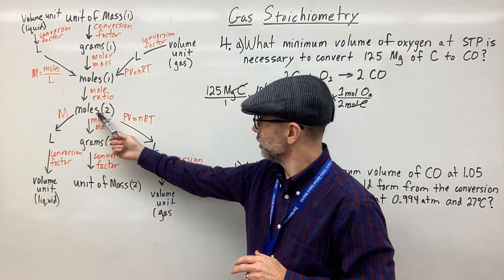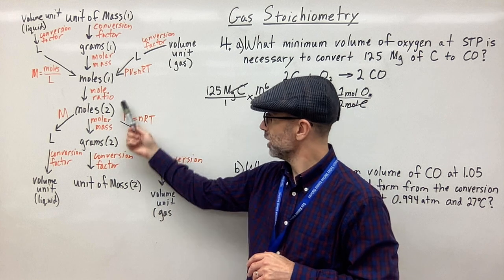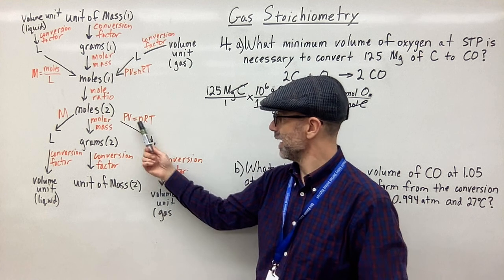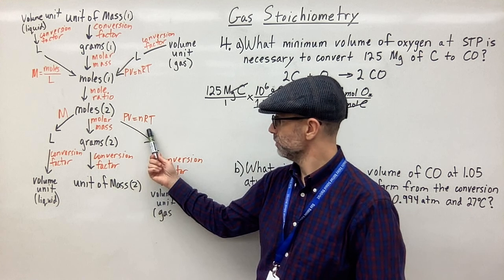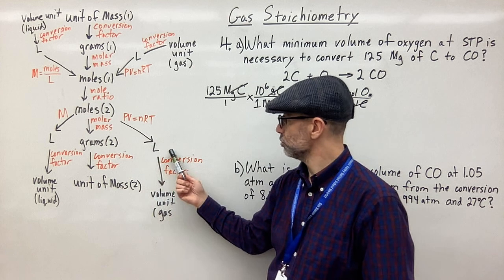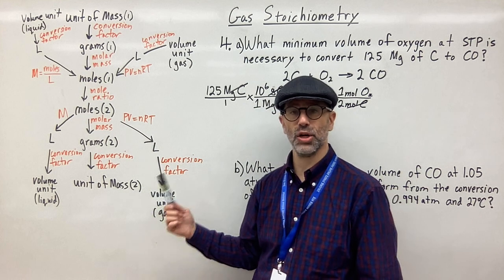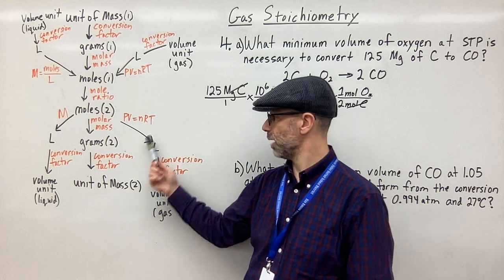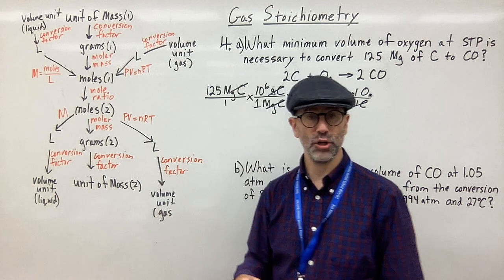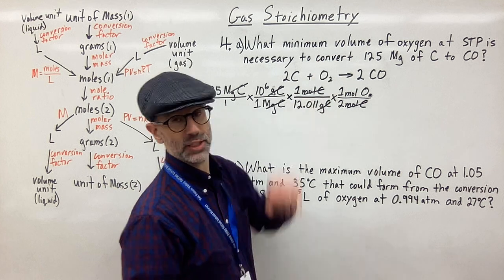So we're going to have to use PV equals nRT, the ideal gas law equation. We're going to convert that to liters. Liters is probably going to be fine since this is a huge amount of gas. We're probably going to want to use a larger volume. So we're going to stop at liters since they don't tell us what volume.